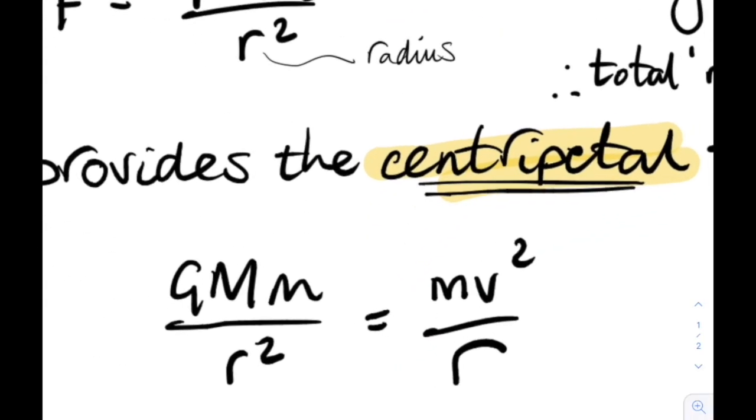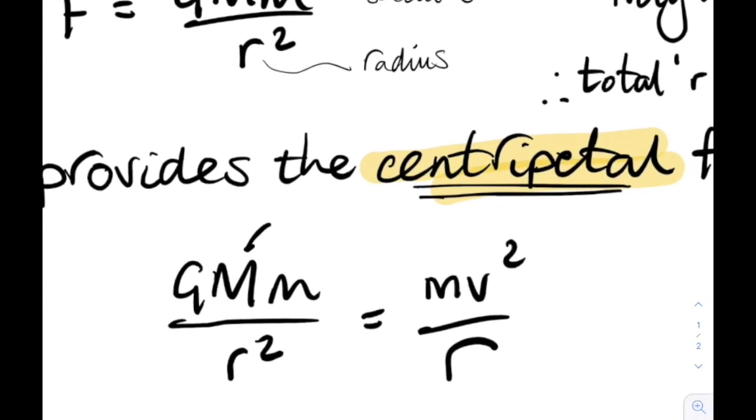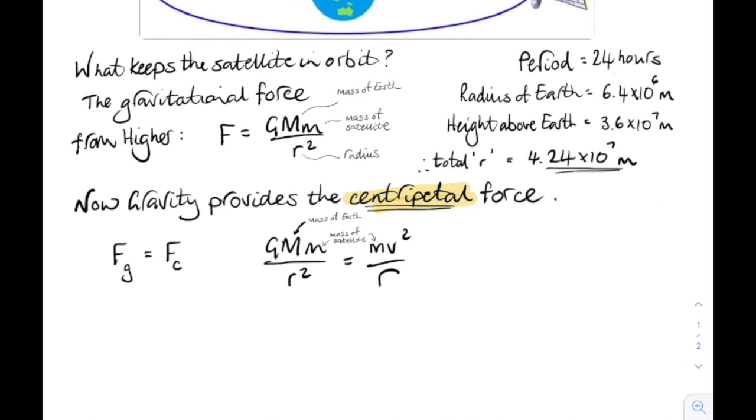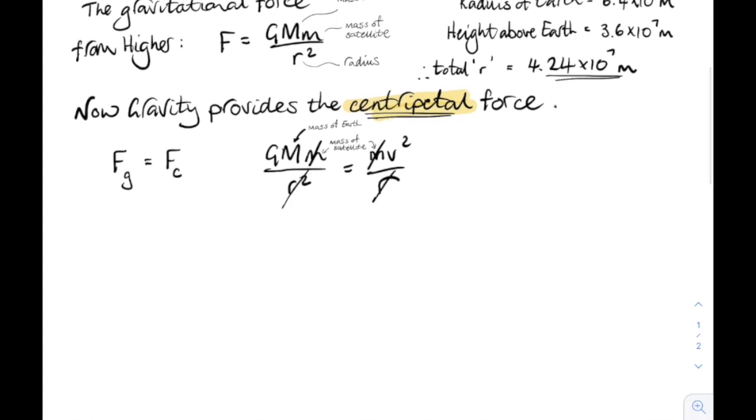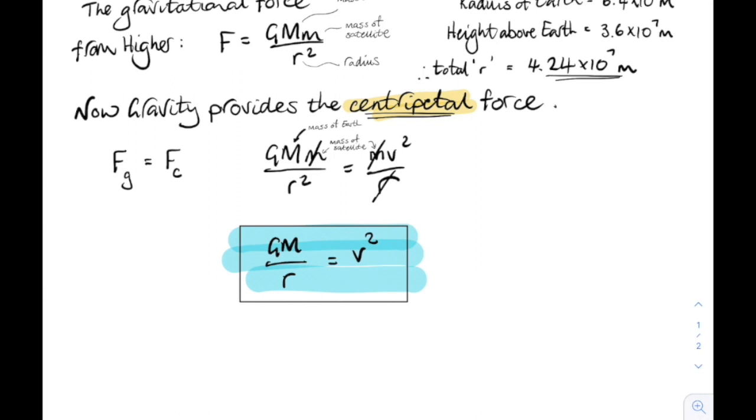So let's equate these two relationships for the gravitational force of attraction and the centripetal force. Remember, big M is the mass of the Earth and small m is the mass of the satellite, which appears on both sides, so we can cancel it out from both sides and cancel out one of the r's on the bottom on each side, and that leaves us with GM over r equals v squared.